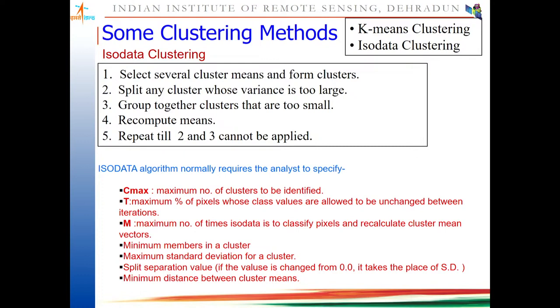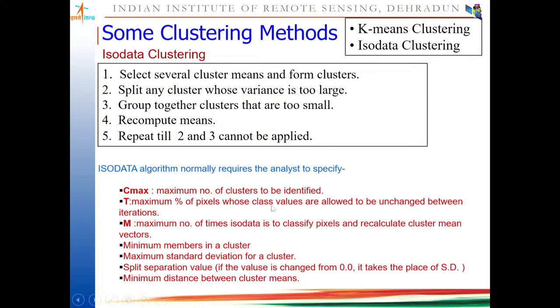This is repeated until the actions in points 2 and 3, that is, splitting of too-large clusters and grouping of very small clusters, cannot be applied any further. To apply ISODATA clustering, the algorithm normally requires the analyst to specify the following parameters.